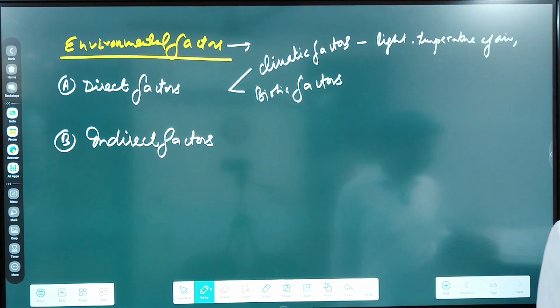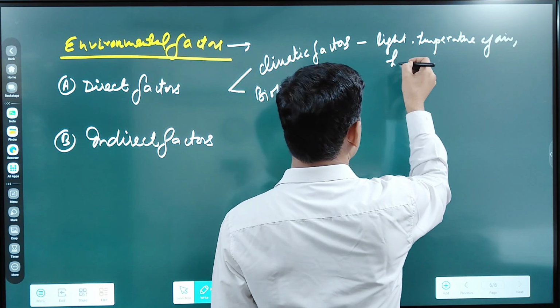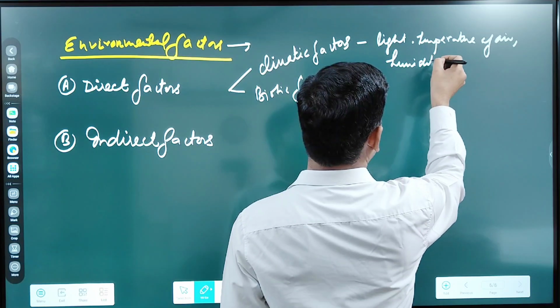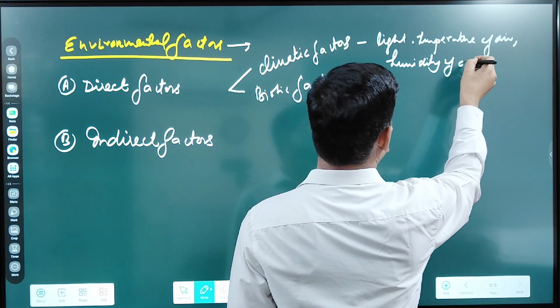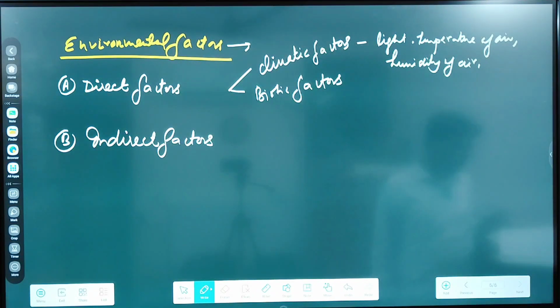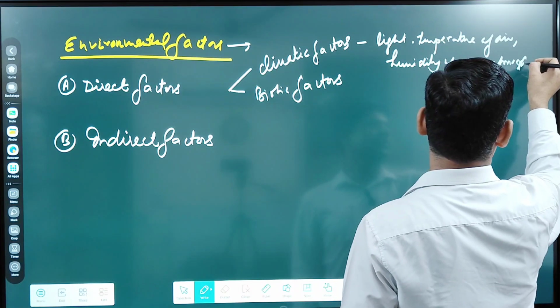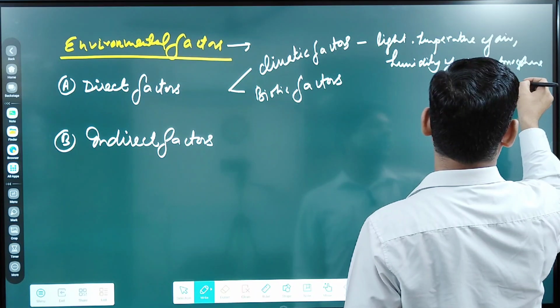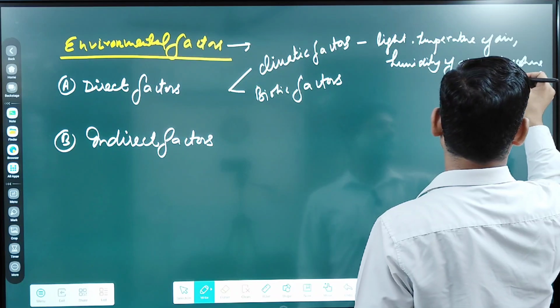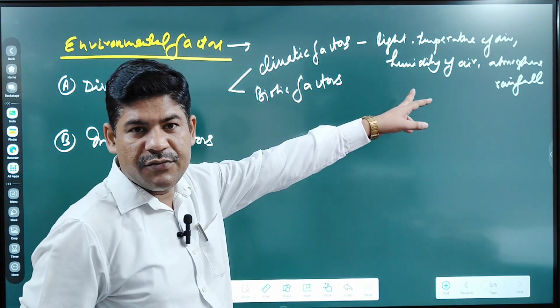humidity of air, rainfall, and atmosphere. So these are climatic factors.